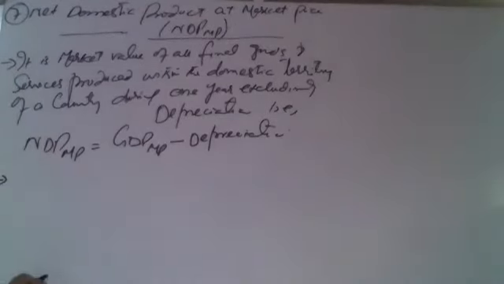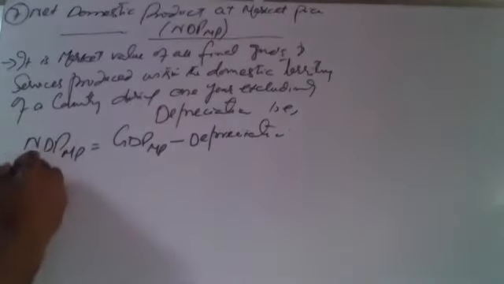The next concept for net domestic product is net domestic product at factor cost. The only difference between net domestic product at market price and net domestic product at factor cost is the inclusion and exclusion of indirect taxes. Imposition of indirect taxes increases the market price, and provision of subsidies decreases the market price.